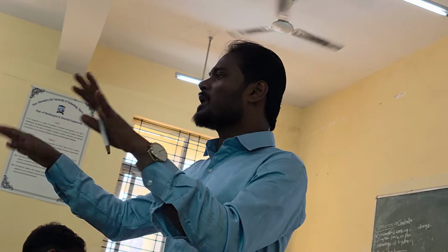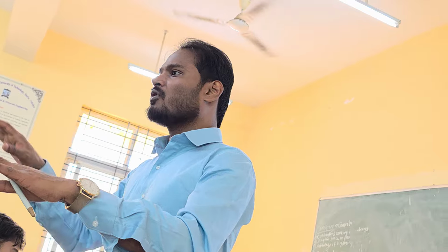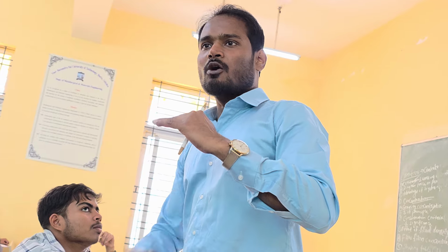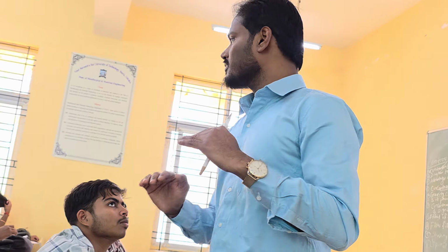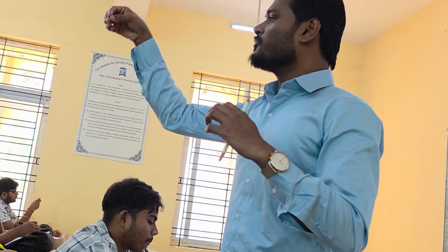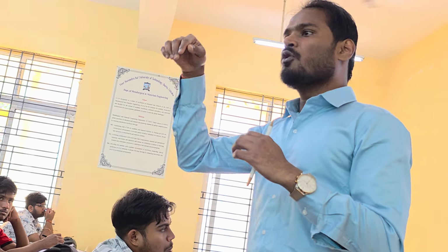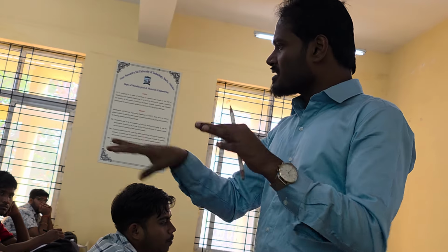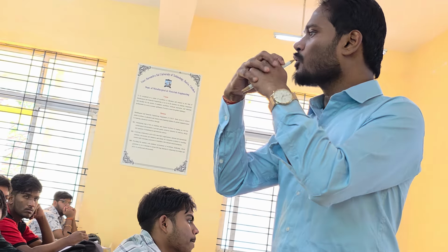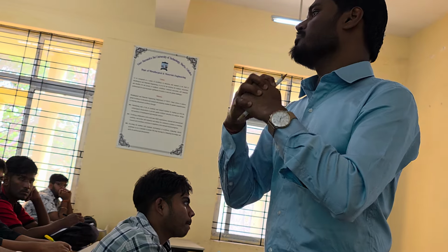For example, there are two types of mineral: one is the valuable mineral, one is the gangue. You want to float the valuable mineral and settle the gangue at the bottom of the cell, right? So if you add a particular kind of collector, that collector will mix with the slurry and finally form a coating on the valuable mineral.